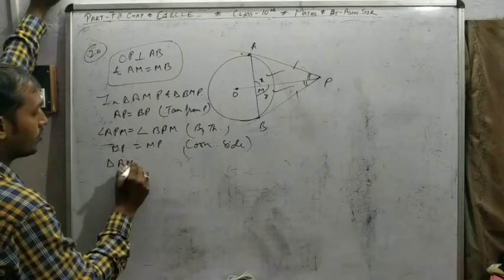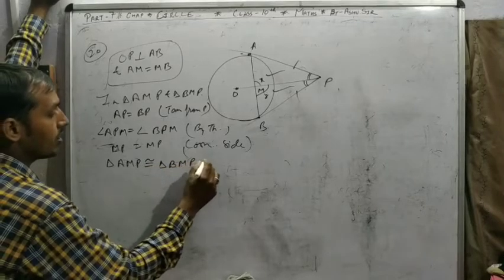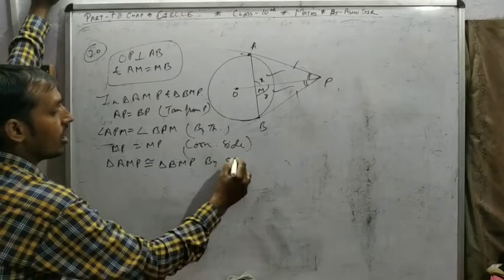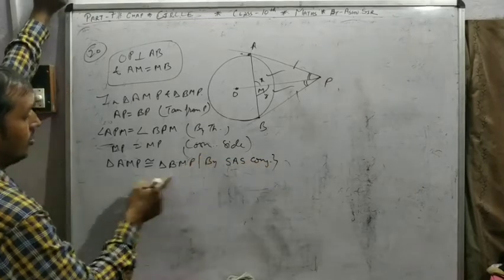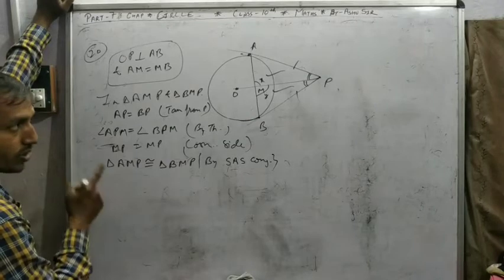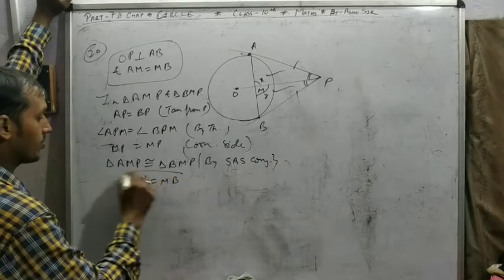Triangle AMP congruent triangle BMP by SAS congruency. When triangles are congruent, by CPCT, AM is equal to MB.